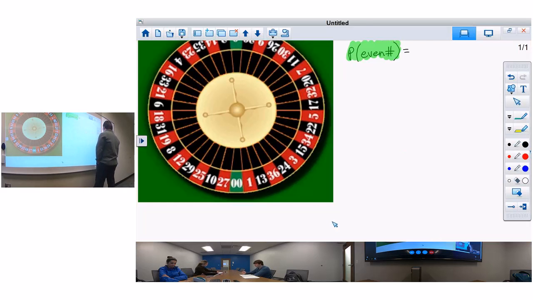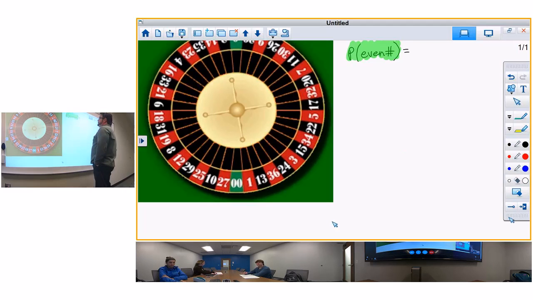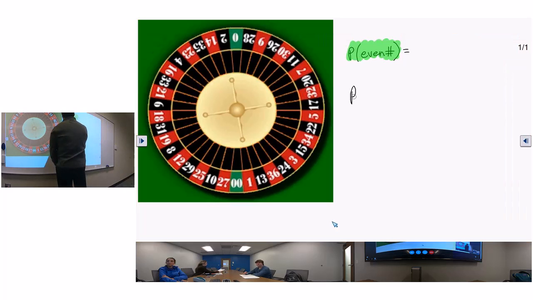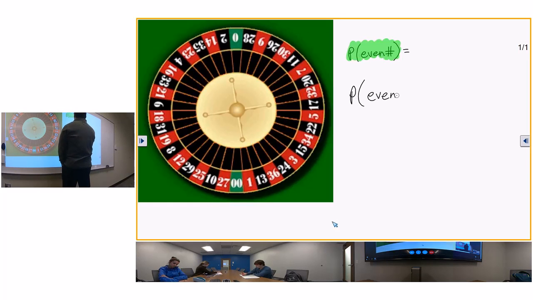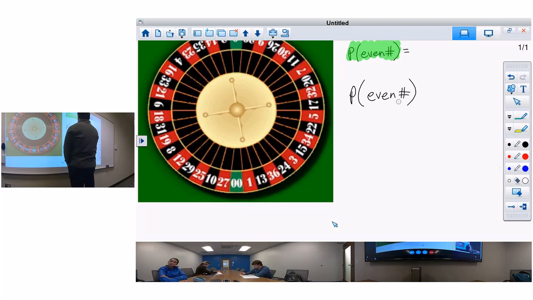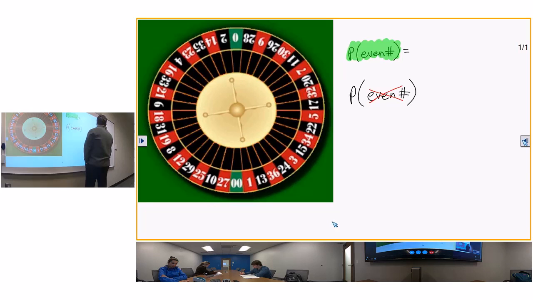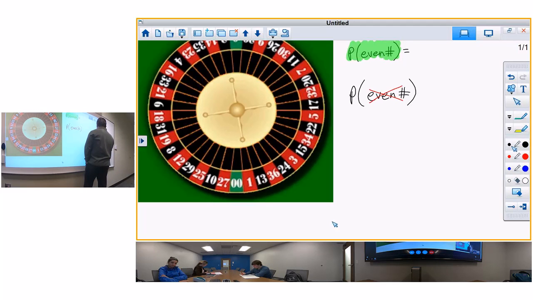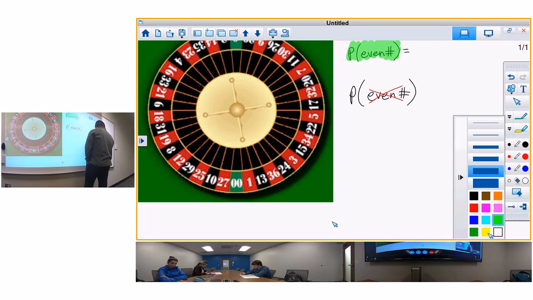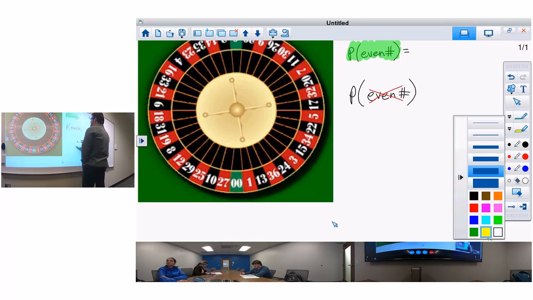Now, what is the complement of success? Failure. So the complement would be even number, and then I would put a big red X through it, because that would be failure, and we'll highlight that yellow.